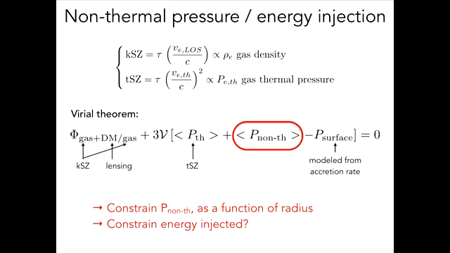And because of the high signal to noise, you'd be able to do this as a function of radius. So you'll be able to say a lot of things about the thermodynamics of your gas inside galaxy clusters beyond just density. I think this is going to be very powerful in constraining galaxy formation profiles because you get a handle on how much energy is injected, basically the whole thermodynamics of your gas.